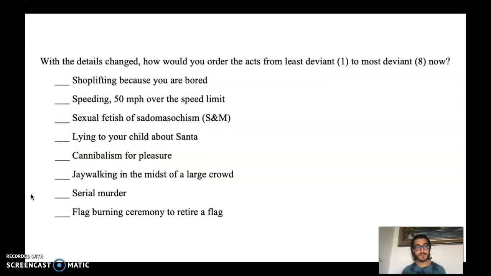All right. Again, the same 8 behaviors, but this time again, just provided in a slightly different context. Right. So this time we have shoplifting because you're bored, speeding 50 miles over the speed limit, sexual fetish of sadomasochism, S&M, which is essentially like the 50 Shades of Grey type sex, you know, whips and chains, but consensual, mind you, consensual inflicting of pain upon oneself and others in a sexual and romantic environment, lying to your child about Santa, cannibalism for pleasure, jaywalking in the midst of a large crowd, serial murder, so killing multiple people, and flag burning ceremony to retire a flag.